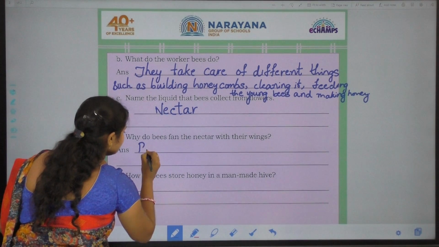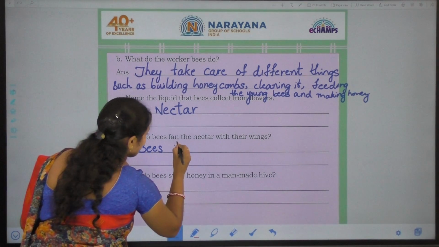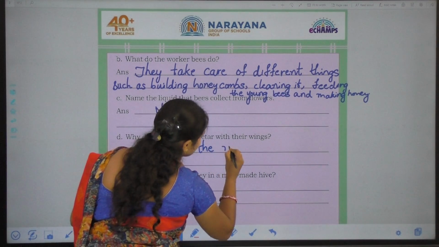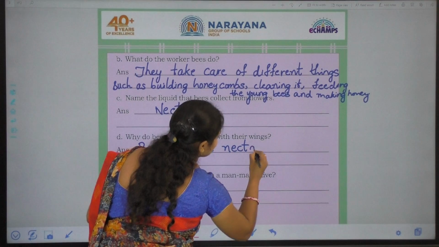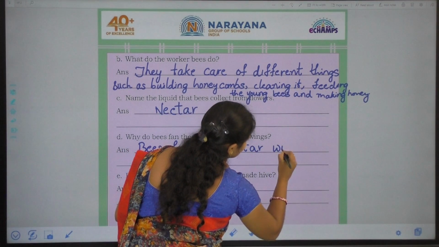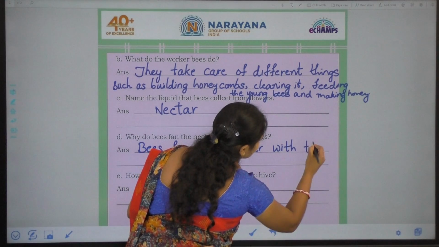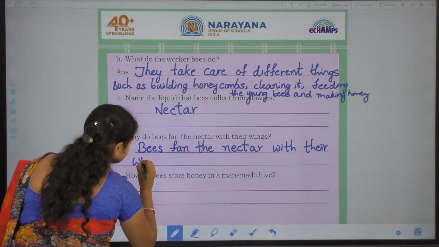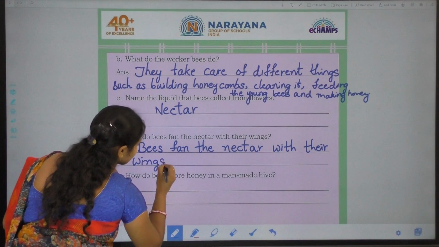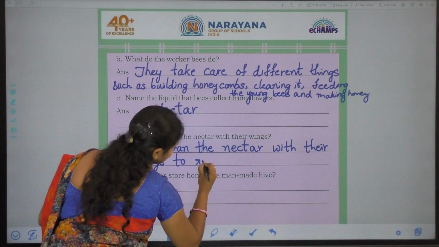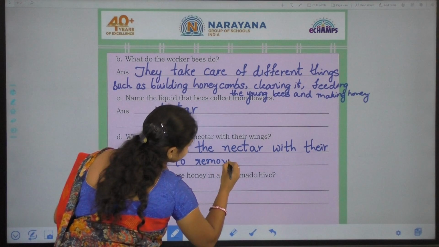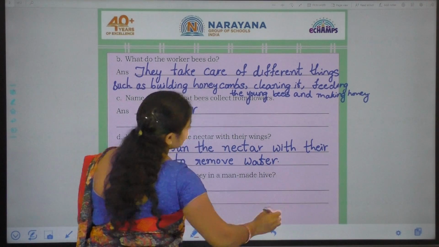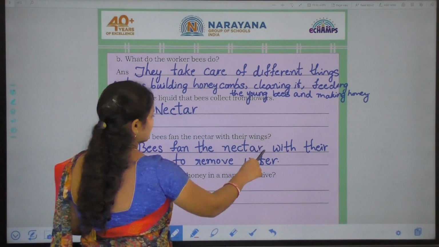So, bees fan the nectar with their wings to remove water. Next, coming to the E question.